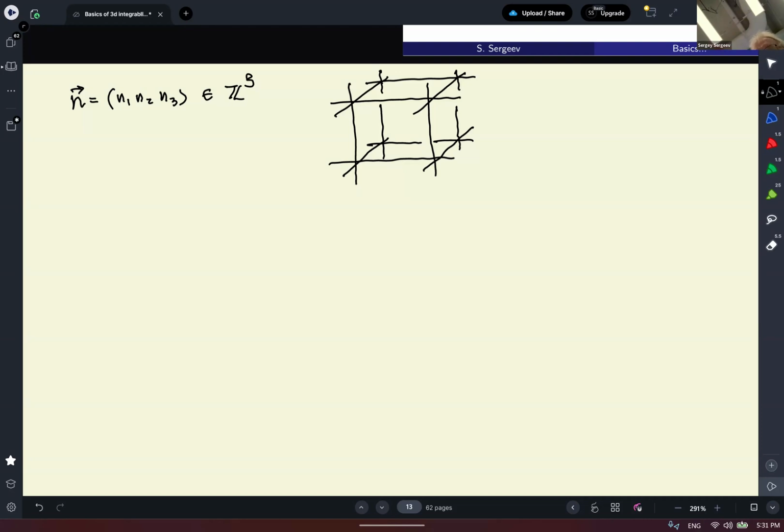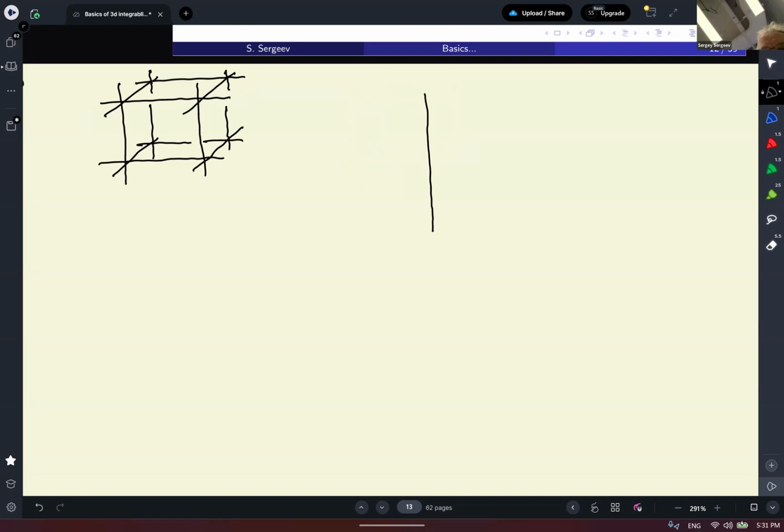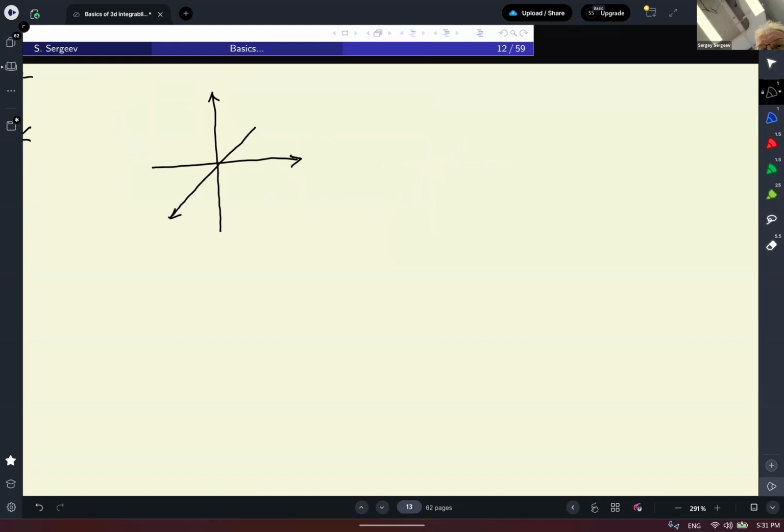geometric object in this cubic lattice is the 3D vertex. So let me draw a typical 3D vertex: a horizontal line, another horizontal, and one vertical line. So let me introduce directions. Also, I'd like to remind you, we deal with variables A, alpha, beta, and they depend on the point on this lattice.